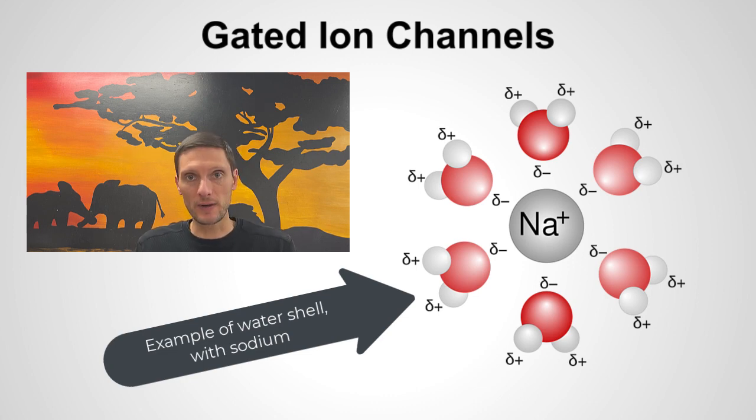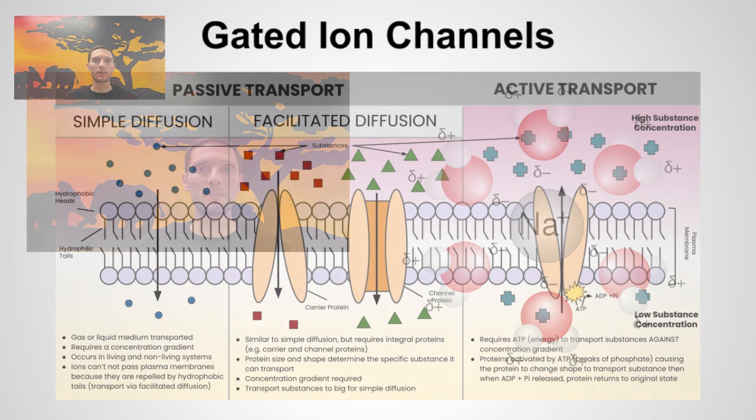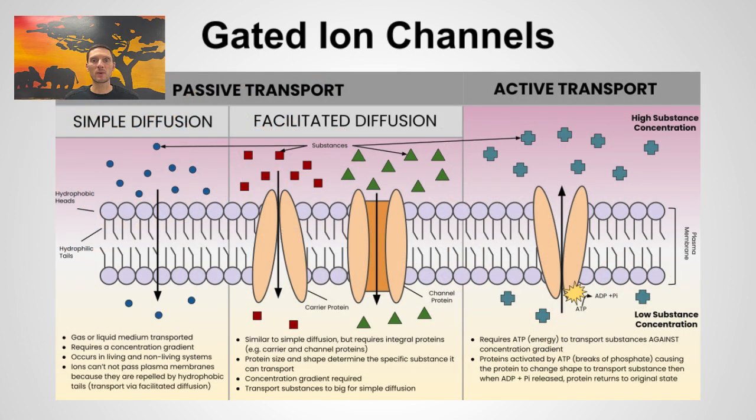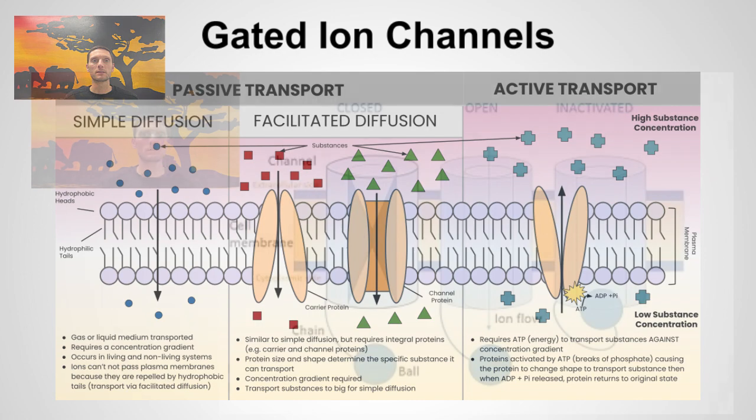In order to move, it has to have those water molecules broken off, and then it can form bonds with amino acids to move through a narrow part of a pore, which is another protein, and gain passage through the membrane. Essentially, the movement of ions across the membrane is controlled through gated channel proteins and facilitated diffusion that can be turned on or off and are specific to the unique ions.